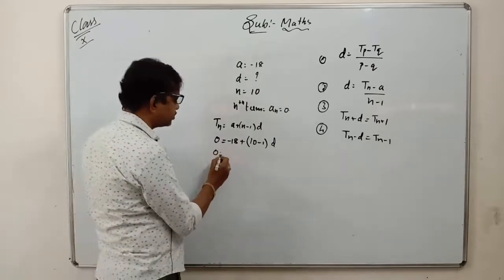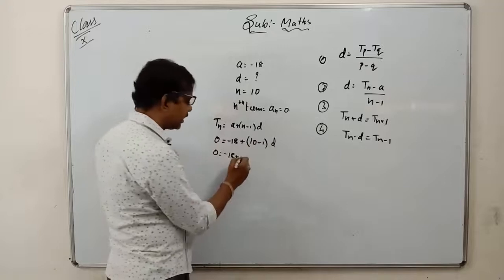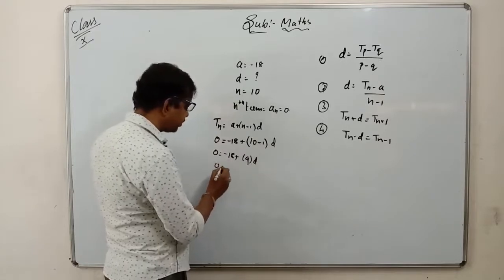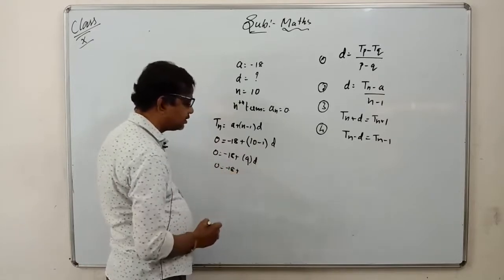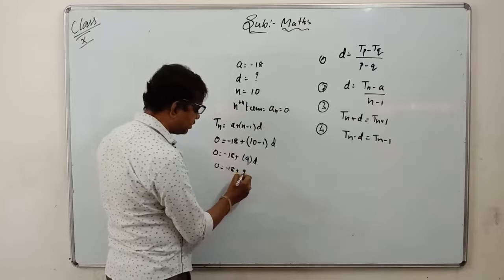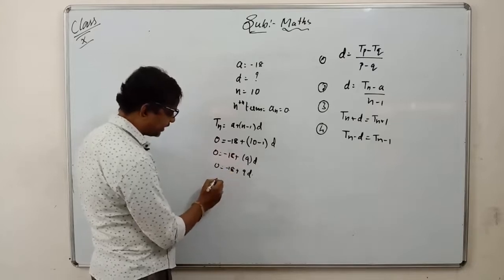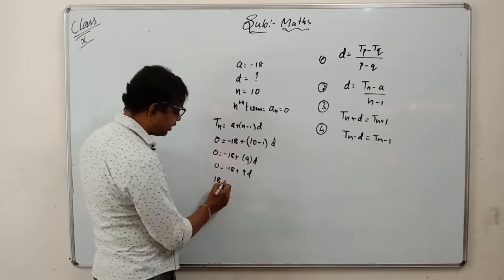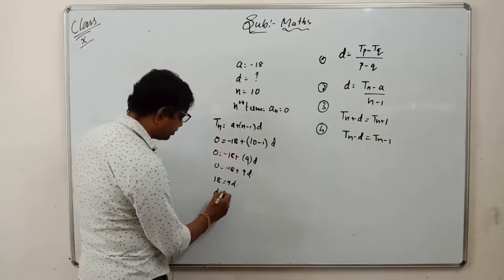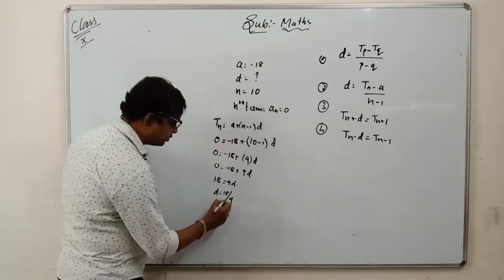So 0 equals minus 18 plus 9d. Take this down here: minus 18 becomes plus 18, so 18 equals 9d, or d equals 18 by 9, or d equals 2.